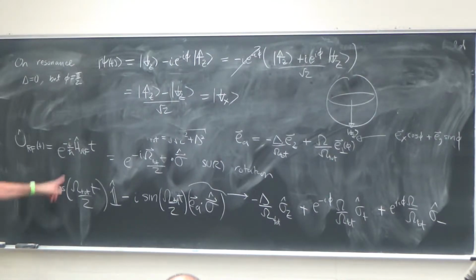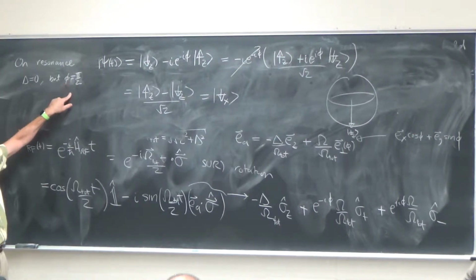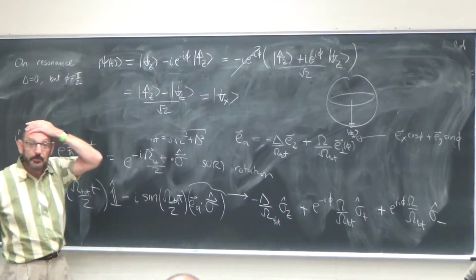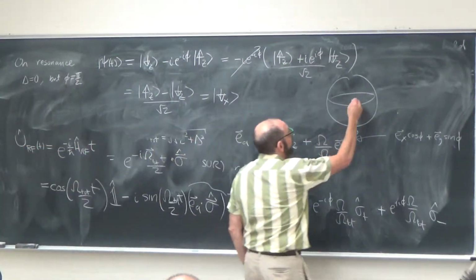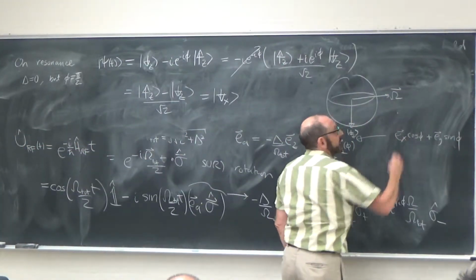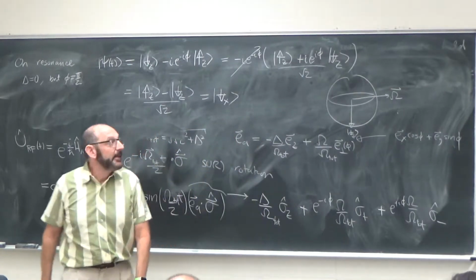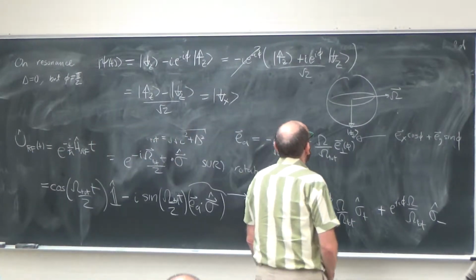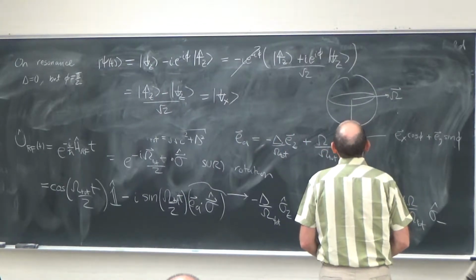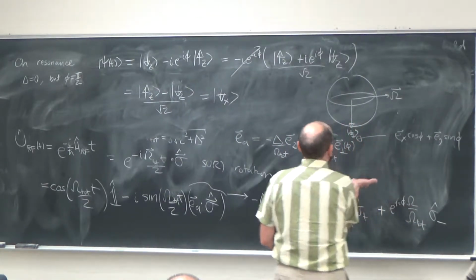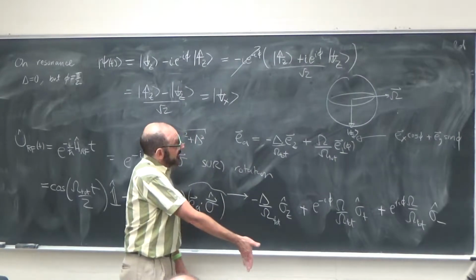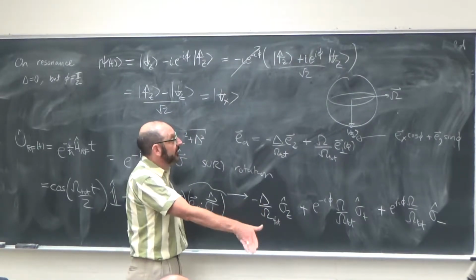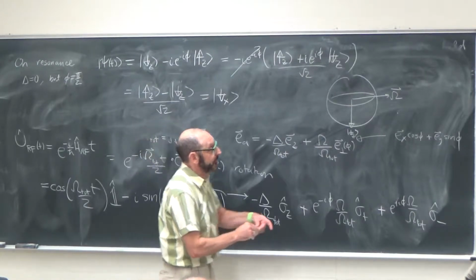So when phi is pi over 2, our torque vector is along y in the rotating frame. So this is our torque vector. And so I'm going to rotate around the y-axis with the right-hand rule, and I will precess with this frequency.